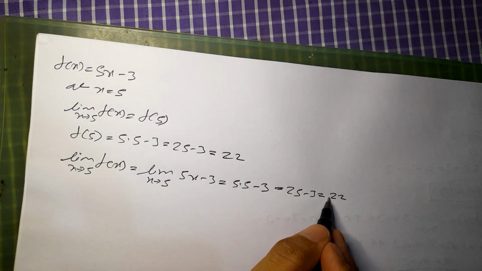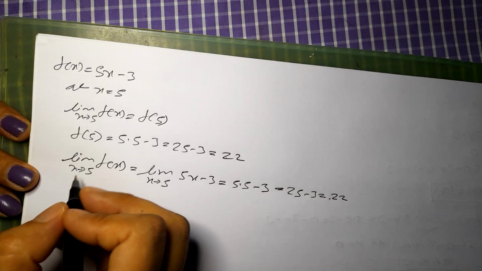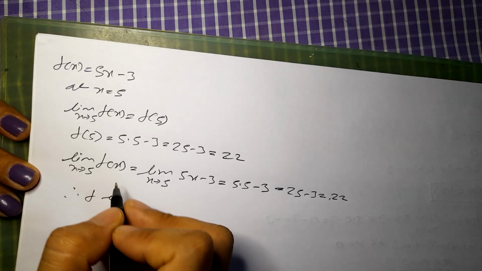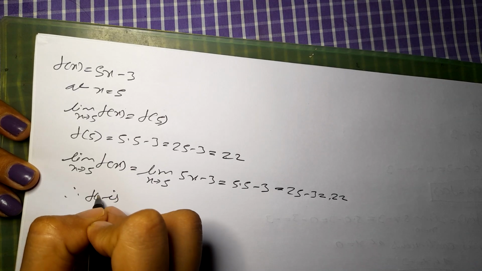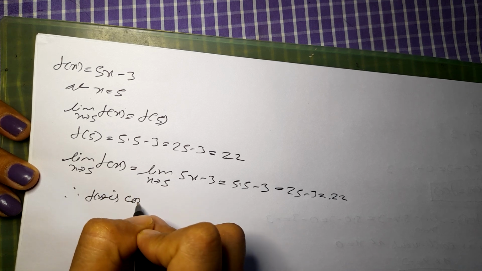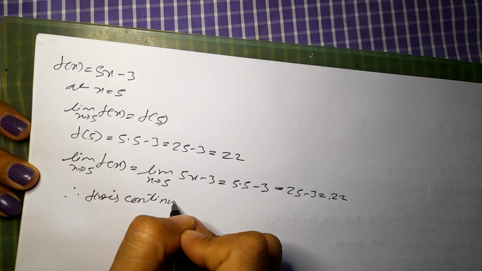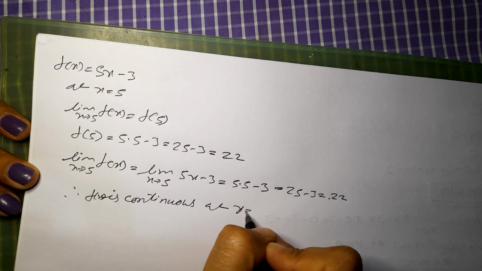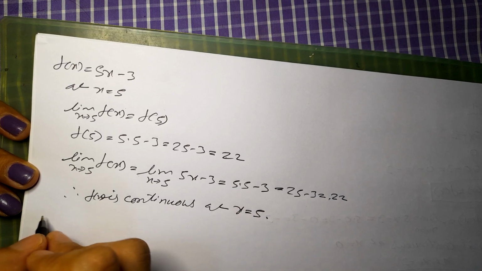So this and this are equal. Therefore f(x) is continuous at x equal to 5.